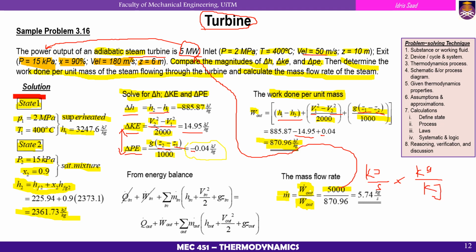You can cancel out kilojoule, and finally you get the unit of kilogram per second, which is the unit of mass flow rate, with the magnitude of 5.74. So this is how we manipulate the equation in order to solve the particular problem of an engineering device based on the energy balance equation.